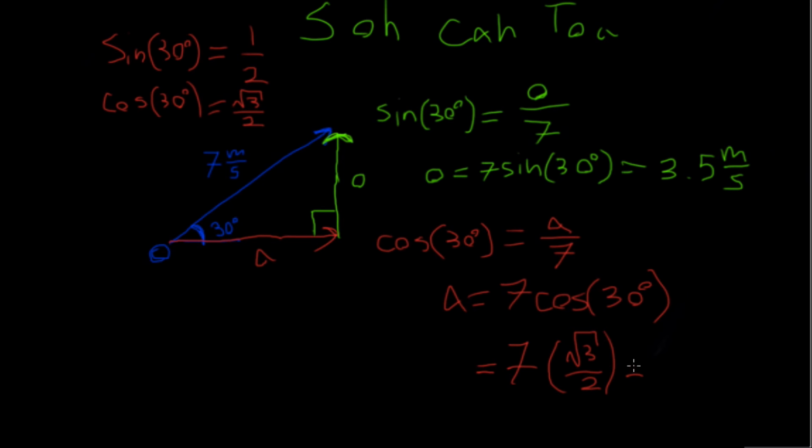And we can cancel that 2 and the 7, so 3.5 times the square root of 3. And I don't have this on hand, you can use a calculator, but this is our velocity in the x direction. And we're done. We've solved the problem.